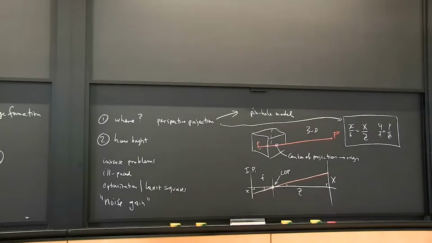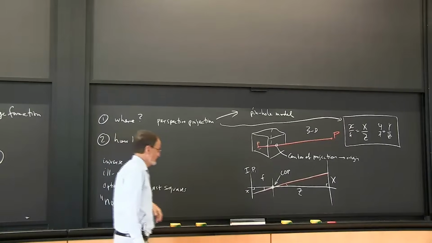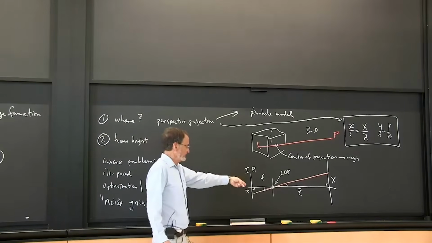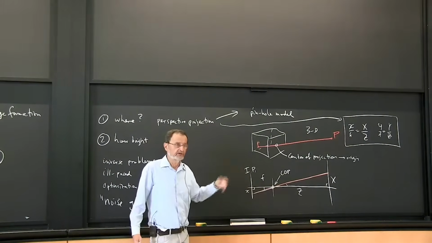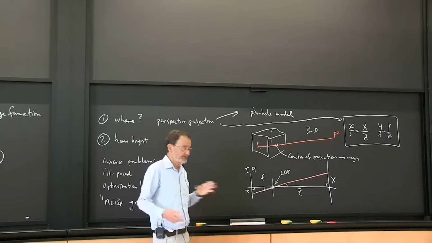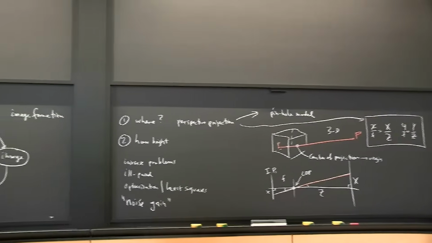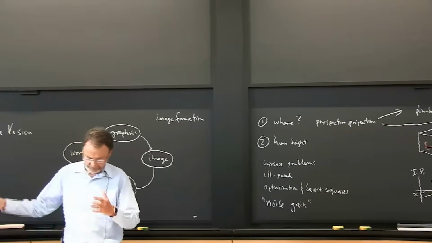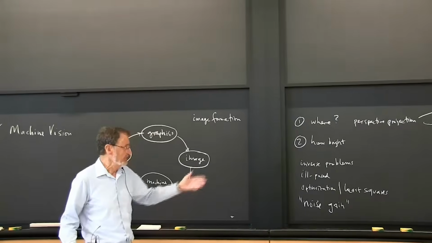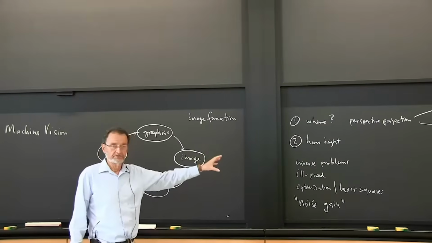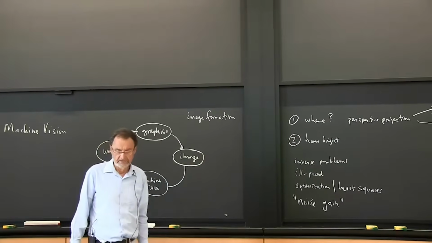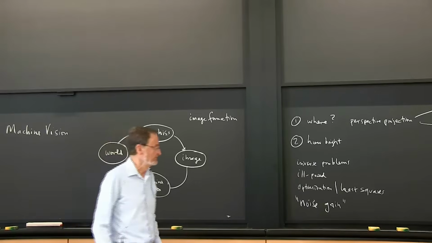We'll use that as a reference, and that's going to be our optical axis. It's a perpendicular from the center of projection onto the image plane. And we line up the z-axis with that. So it's a very special coordinate system, but it makes the whole thing very easy. And if we do have a different coordinate system on our robot or whatever, we just need to deal with the transformation between this special camera-centric coordinate system and that coordinate system.